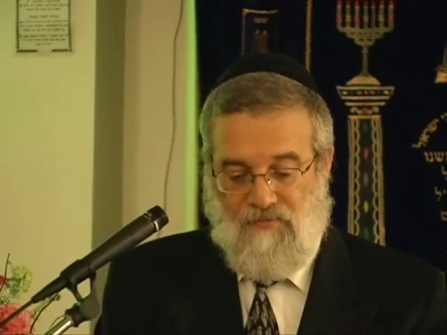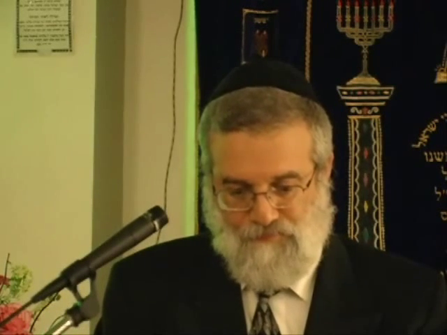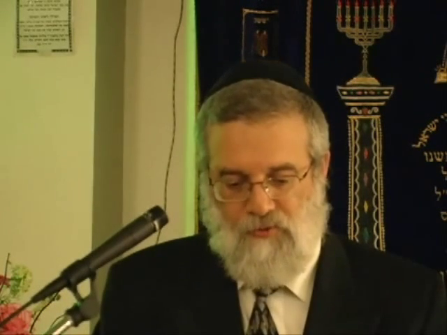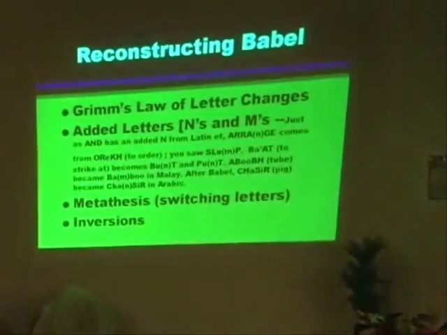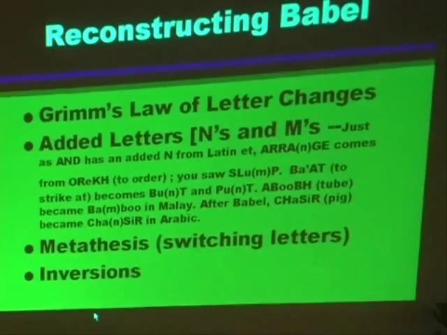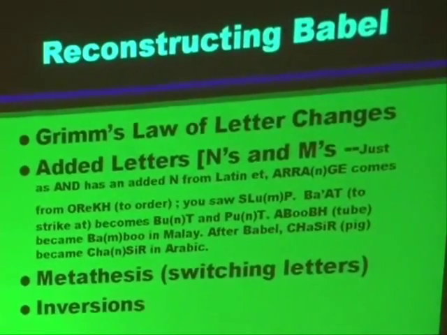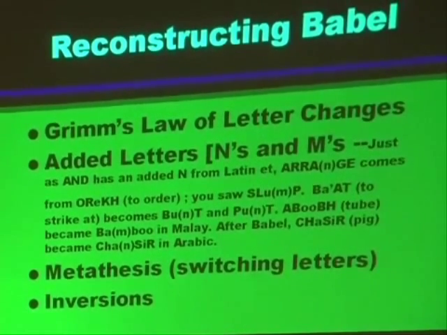Metathesis is the switching of the position of root letters, which we saw some examples, and inversions, also, that are completely switched around. Let's see examples of each one of these real quickly. Added letters, as I said before, N and M's tend to be, or other nasal letters, that are added in the various Latin languages.